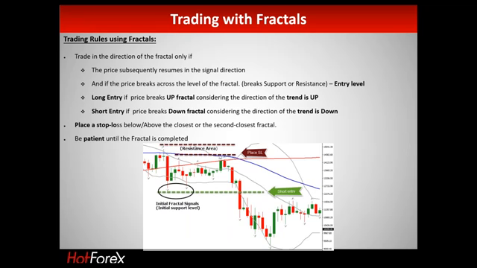However, in this example, I think that's a sufficient stop loss level because it was retested 3 times, so it's quite strong. So you can place your stop loss above the latest high fractal.